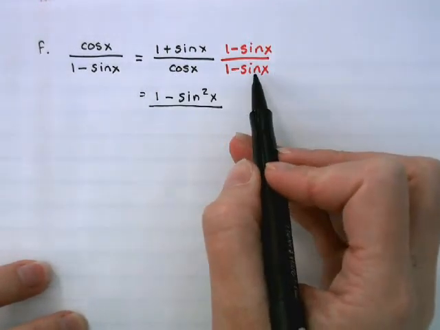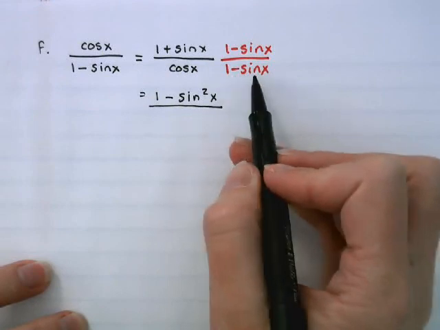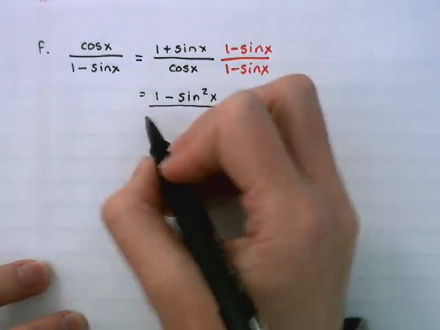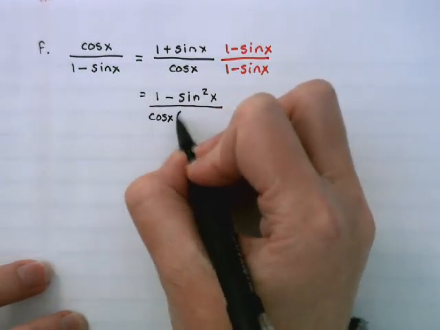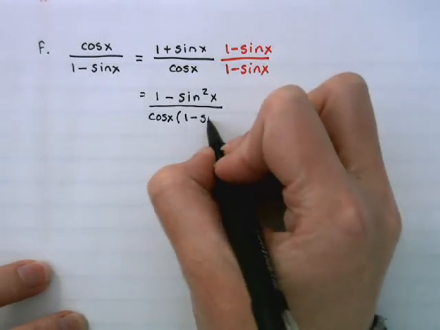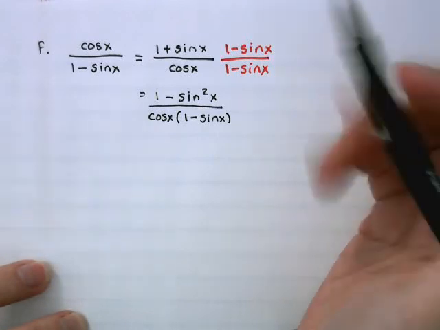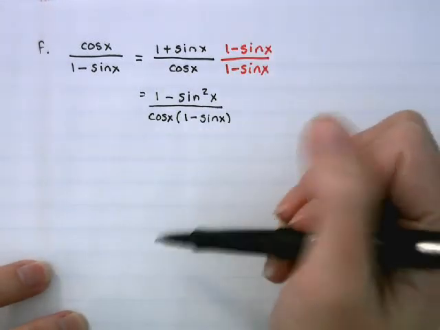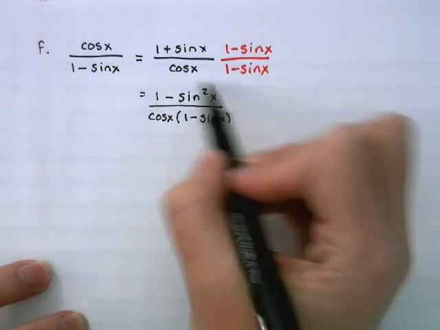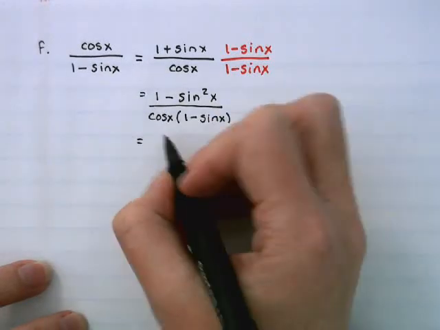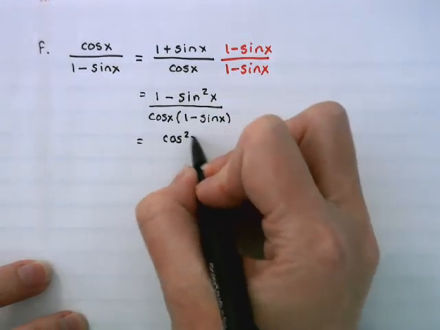And you could distribute this here, but I purposely put this 1 minus sine there because I want it in the answer. So I'm going to take cosine of x and multiply it there, not foiling because I'm hoping that that cosine is going to go away. Well, how is that cosine going to go away? Well, because 1 minus sine squared is cosine squared.